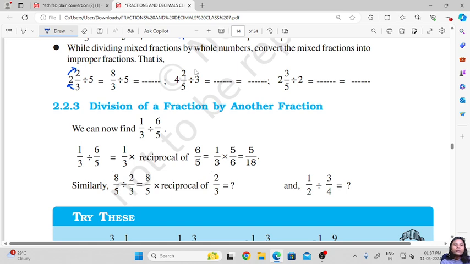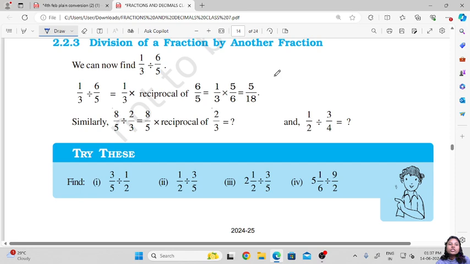So you will get 8 upon 5 3s are 15. In this case, first solve this part. So we will get 5 4s are 20, 22 upon 5 divided by 3. So we will get 22 upon 5 3s are again 15. Okay. So similarly we have to solve the rest of the examples.